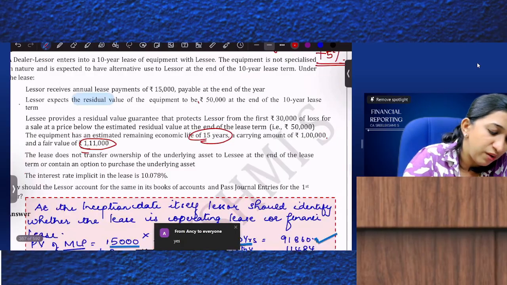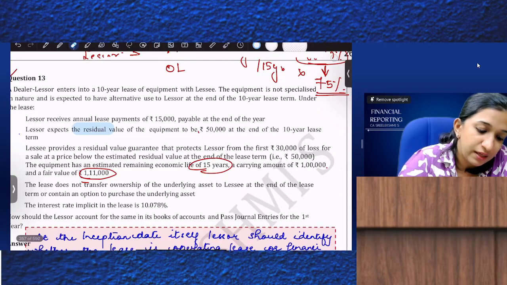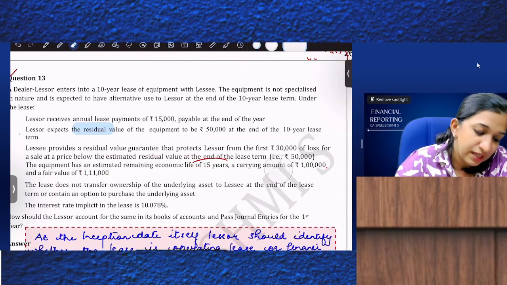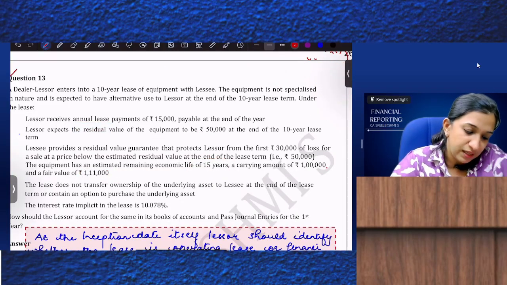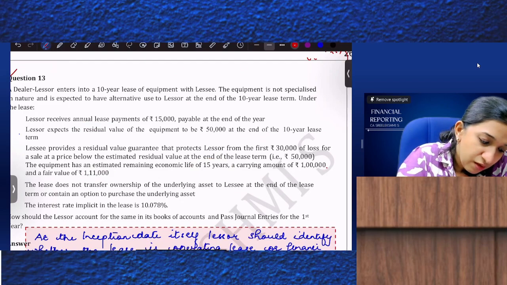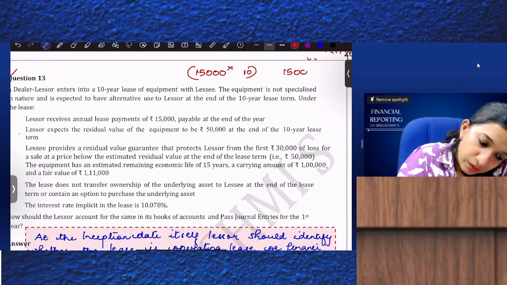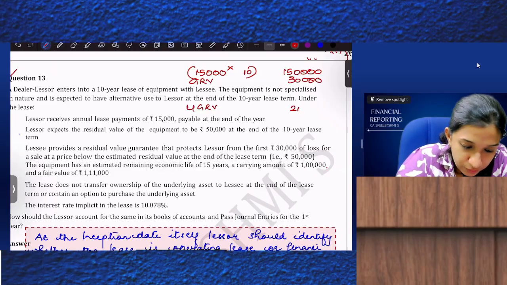First you identify what is the gross investment in lease. Gross investment in lease means 15,000 into 10, that is 1,50,000. GRV 30,000, UGRV 20,000.